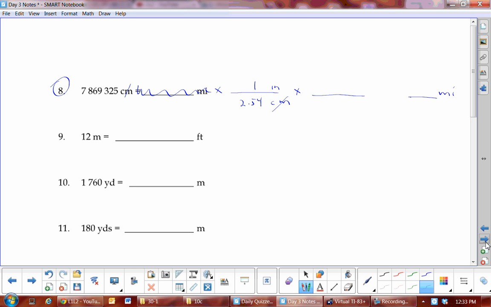Okay, so we can't get there yet, can we? We might have to do feet to miles, eh? Is that the best we got? See, I did mine totally different than this. Yeah, I would have done kilometers and centimeters first. How are you going to find out how many centimeters go into a mile?